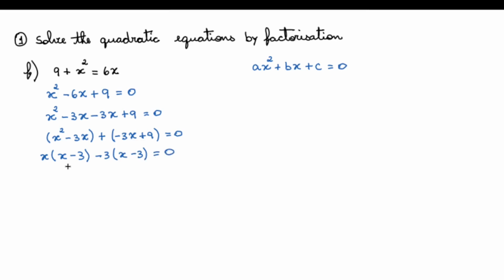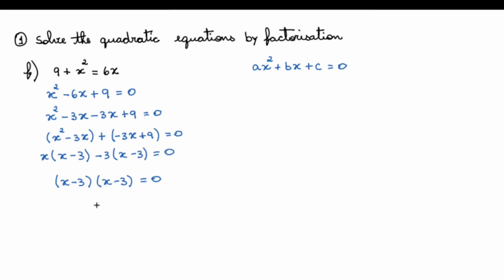Notice that now x minus 3 is a common factor of both terms. So we factor out x minus 3, and then we have x minus 3 again.